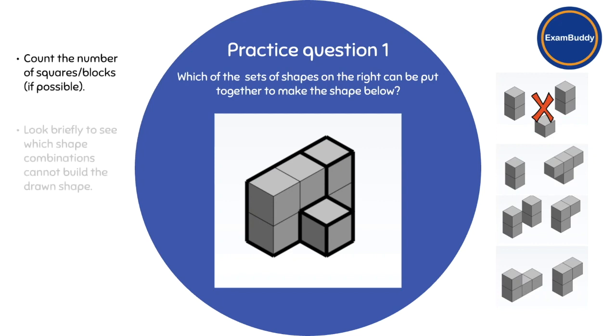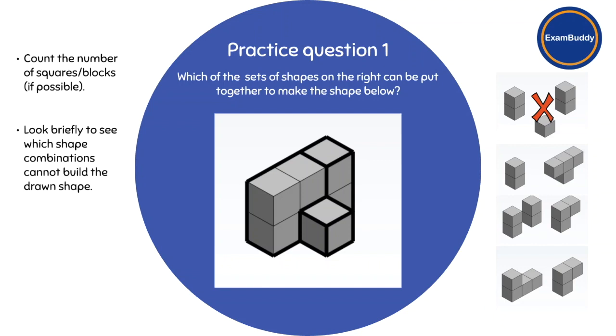Let's move on. Step 2. Look briefly at the shape that you've been given to see which shape combinations in the answers cannot possibly build the drawn shape. When we look at the question shape, we see that there is an L-shaped block on the left, 1 or 2 protruding blocks at the front, and a stack of 2 blocks on the right.